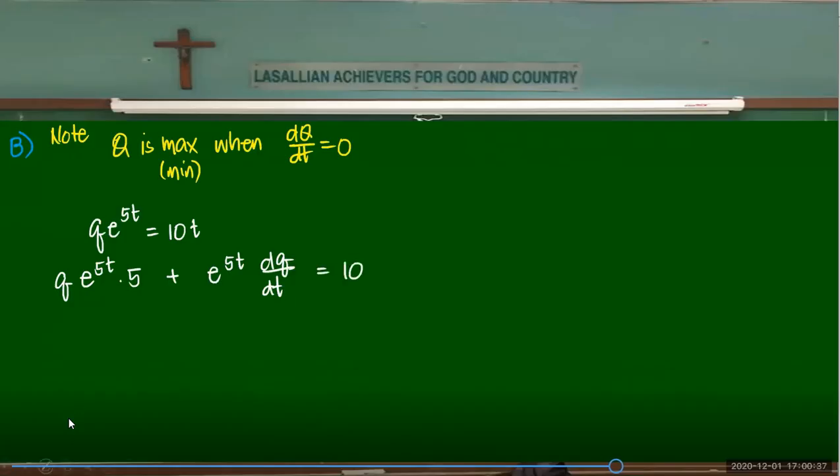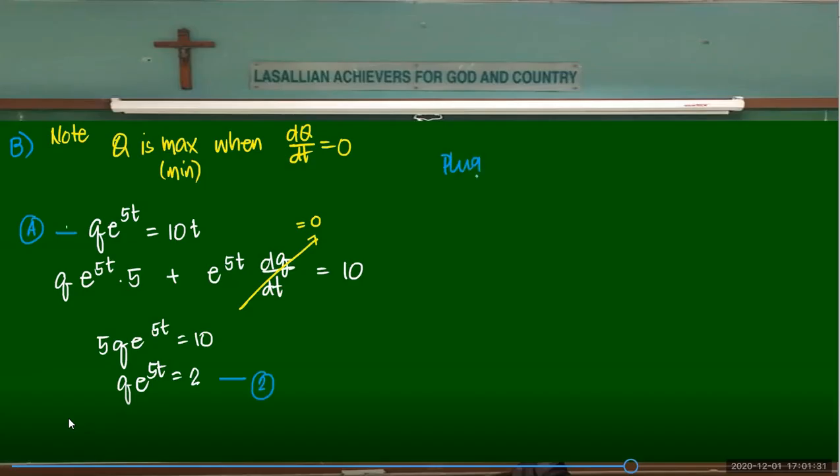Yes, boss, sir. And isn't it that you want to optimize? Therefore, if that is equal to 0, that means 5q e to the 5t is equal to 10, or q e to the 5t is equal to 2. This is equation 2.